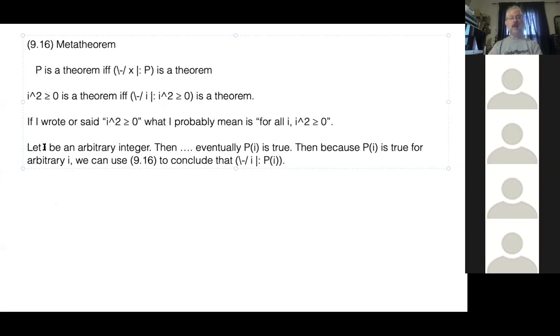Since we didn't make any assumptions about what i was, like we didn't say it was positive or it was even or it was less than 5 or anything like that, and we were able to show that P of i was true, whatever that was, then we can use 9.16 to conclude that for all i, P of i is true. That's how it tends to get used. We'll see examples that'll be clearer, I think, later in the chapter. But questions about that before I answer the question I've got in chat?